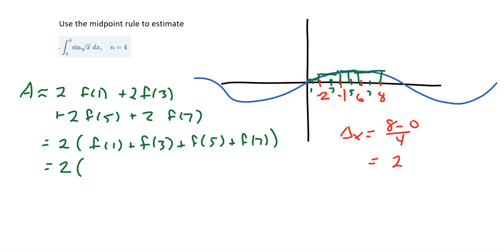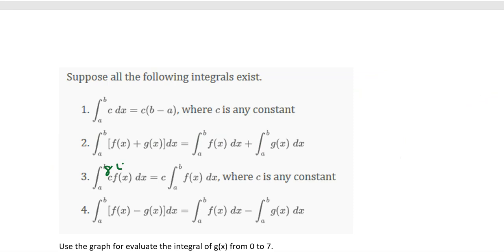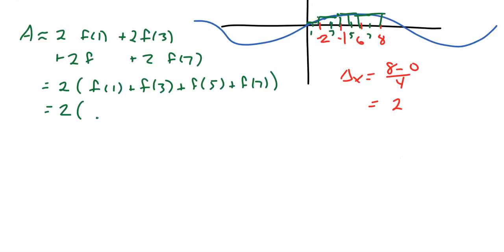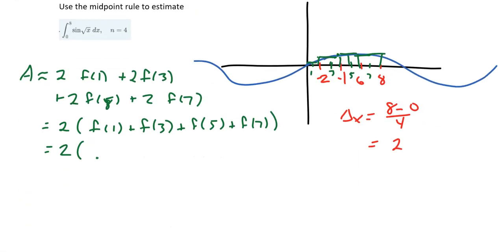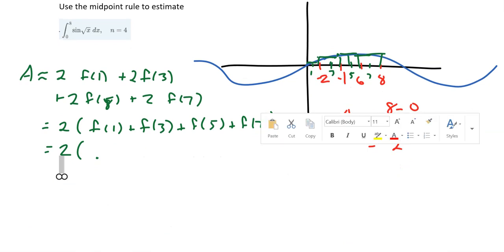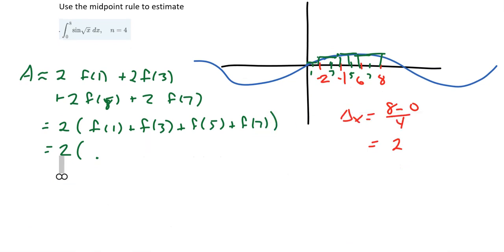Okay, so when it's 1, we're about 0.84. And f of 3 is about 0.98. Well, let's go with 0.99. It's actually, round correctly there.